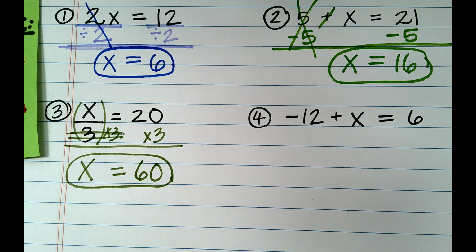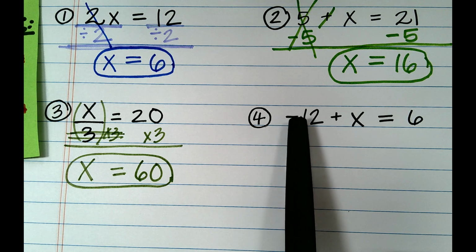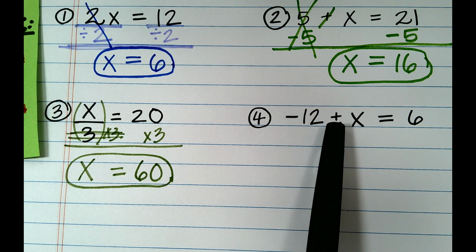These kinds of problems can often look really tricky because you see that minus sign on the 12, but you also see a plus sign.